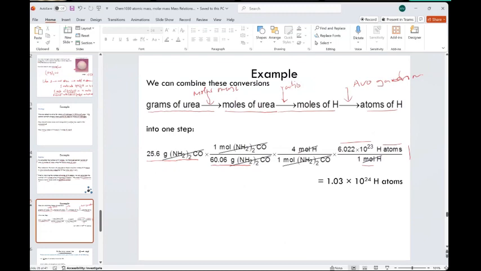But you can obviously not follow dimensional analysis, and show the individual step-by-step process if you want. So molar mass: 60 gram of urea per 1 mole of urea. 1 mole of urea means 4 moles of hydrogen. These are the conversion factor relations. 1 mole of hydrogen means this Avogadro number of hydrogen atoms. Now finally you can cancel out the units. This is your answer.